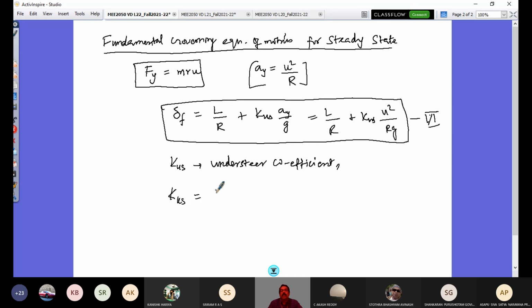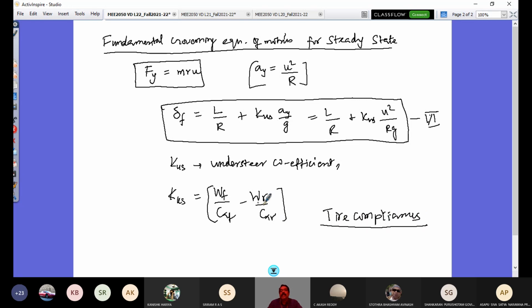It depends on WF by C alpha F minus WR by C alpha R, where the terms WF by C alpha F and WR by C alpha R are called tire compliance in the front and rear axles respectively.